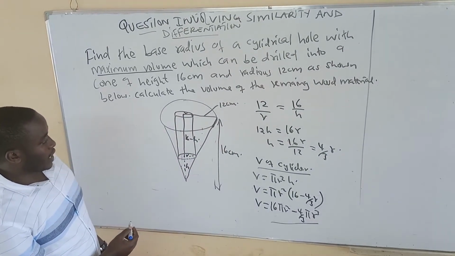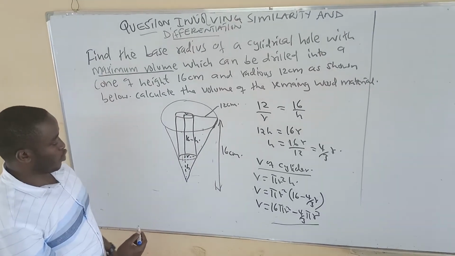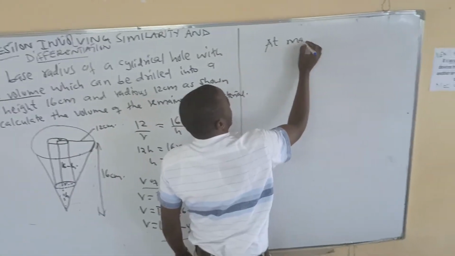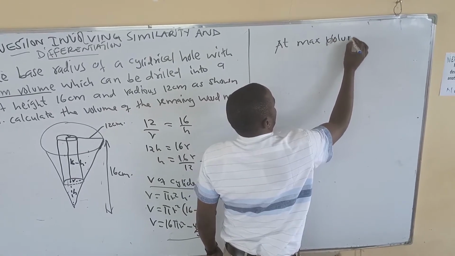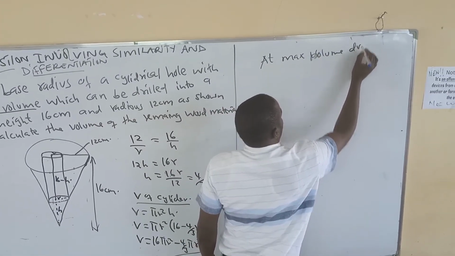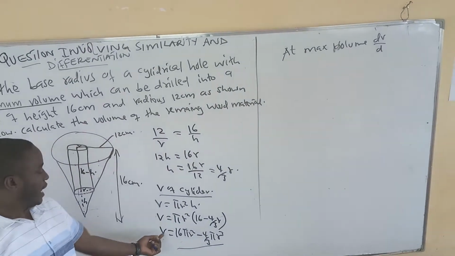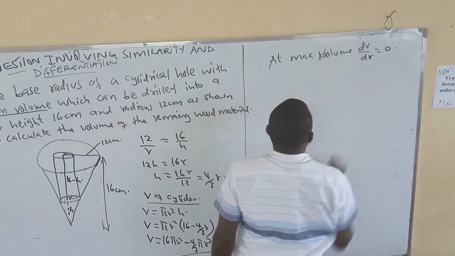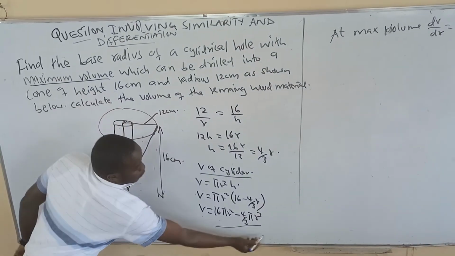We are told to get the maximum volume. At maximum volume, we know that dV over dr equals 0. So we need to find dV over dr from here.